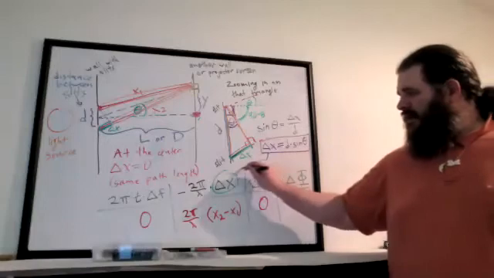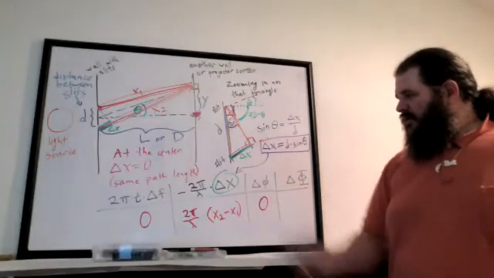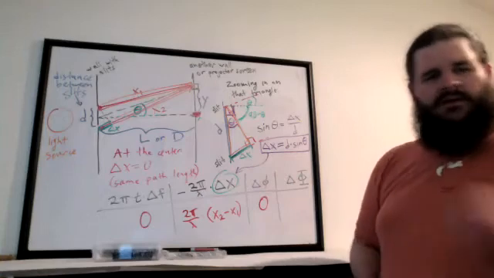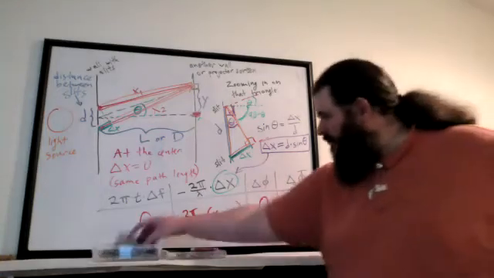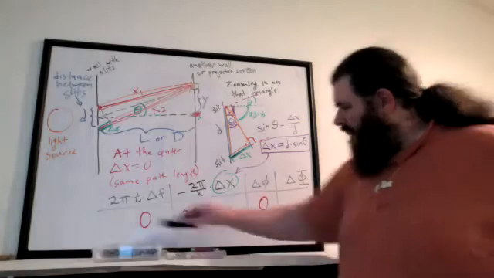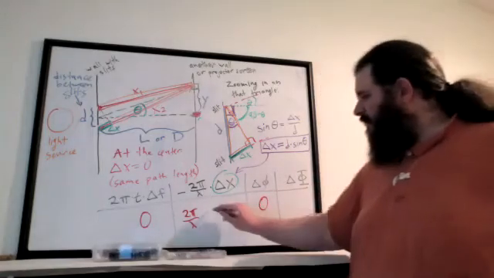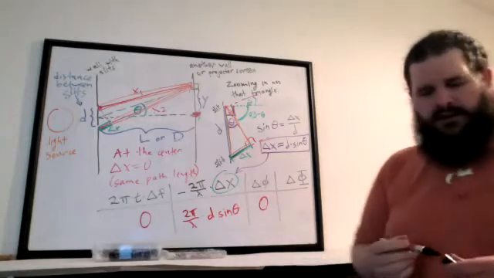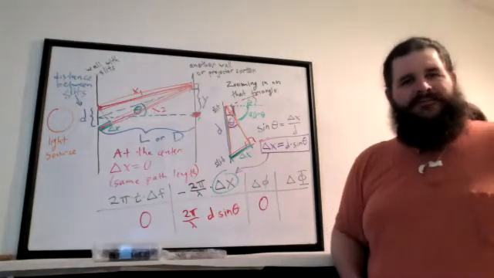And that is the delta x that's going to be in our phase difference equation. So we can replace delta x with d sine theta. Any questions on that so far?